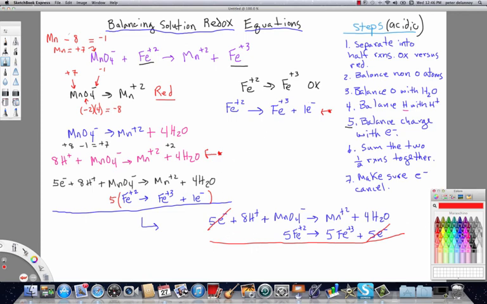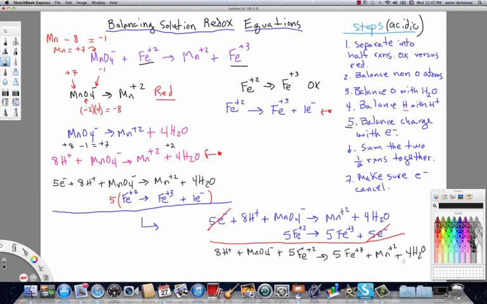And now we can add the whole thing together, which I'm going to do. So we're going to have 8 H pluses, MnO4 minus, plus 5 Fe plus 2s, going to 5 Fe plus 3s, plus Mn plus 2, plus 4 H2O.